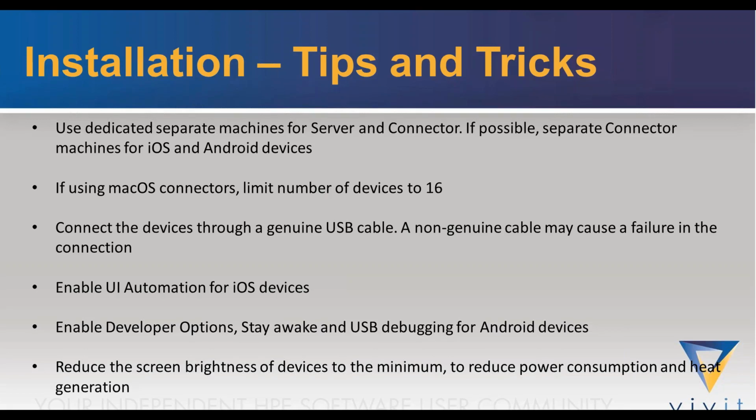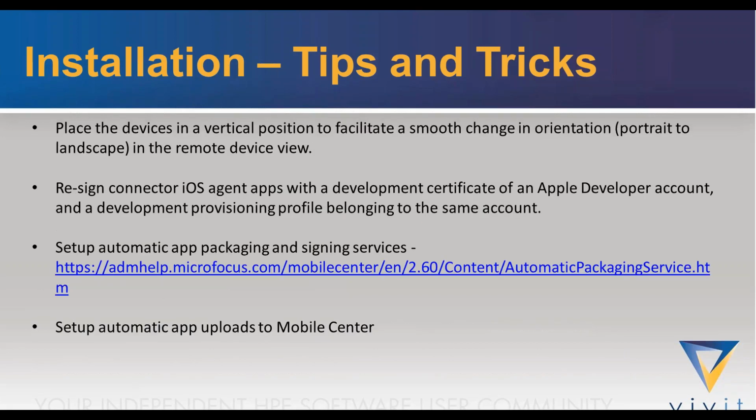And keep the brightness to the minimum because you're not going to look at the device. Essentially, you're going to VNC into the device or remote into the device. So you want to reduce the power consumption and heat generation.